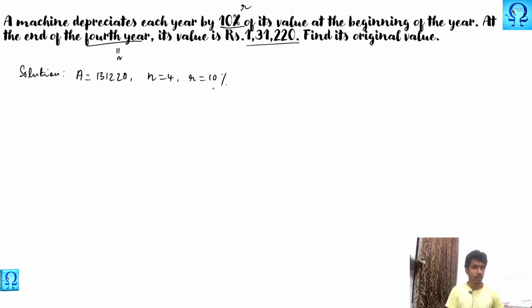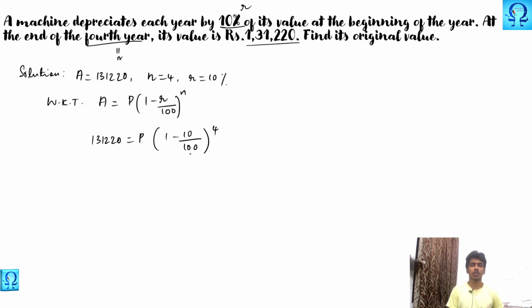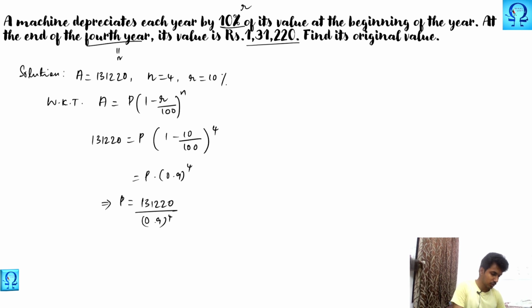We'll have to calculate the P value. So we start with this. A is P times of 1 minus R upon 100 to the power n. A is 131,220, which is P times of 1 minus 10 upon 100 to the power 4, which is P times of 0.9 to the power 4. Therefore, P is 131,220 upon 0.9 to the power 4.